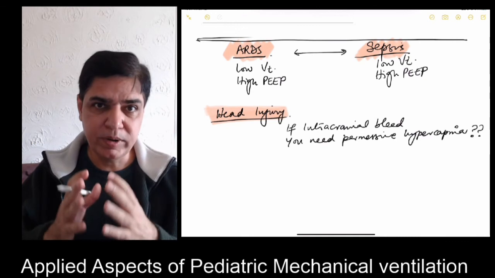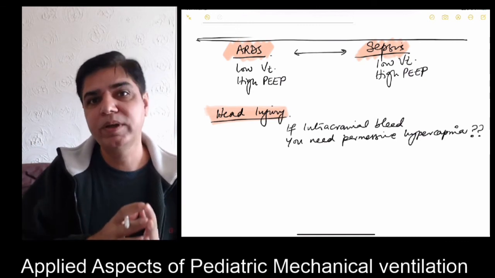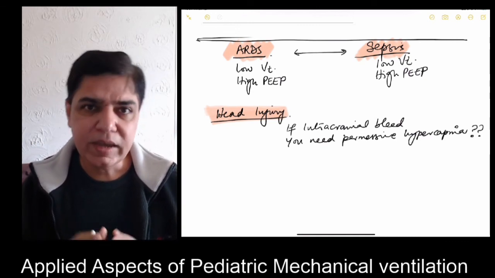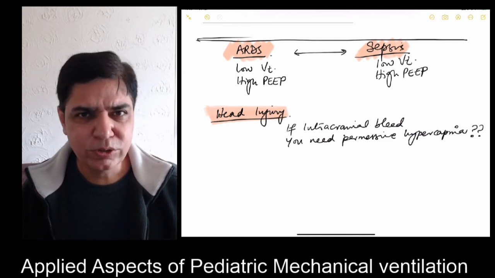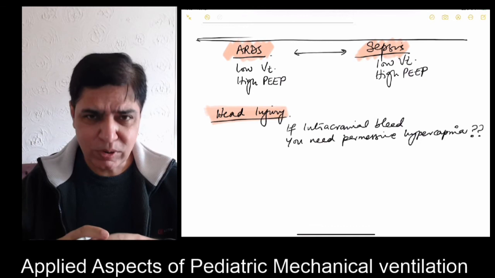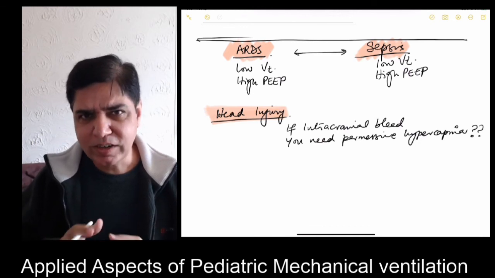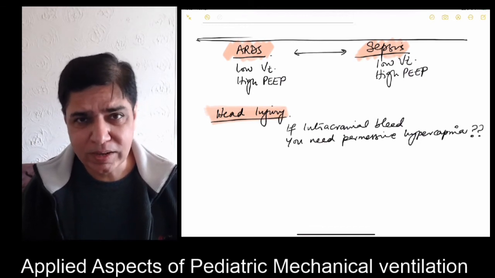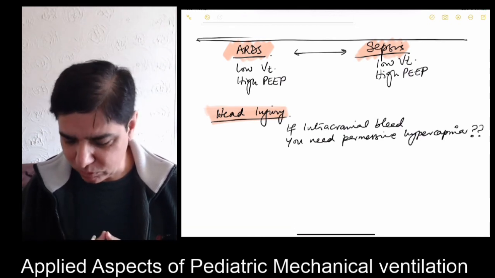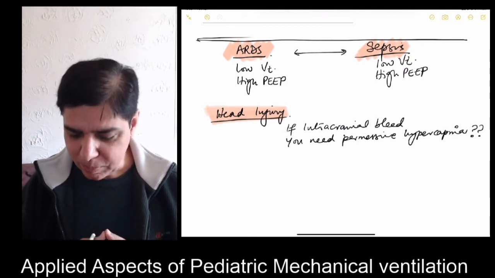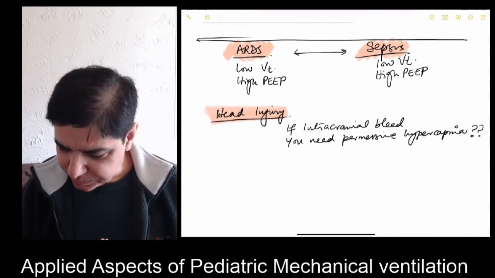So you either play around with the respiratory rate or the tidal volume. It differs from patient to patient, and with experience you would know which settings to play around with, and then you are basically an expert.